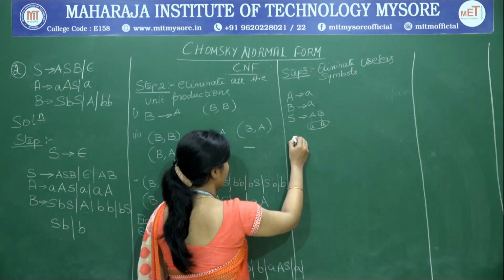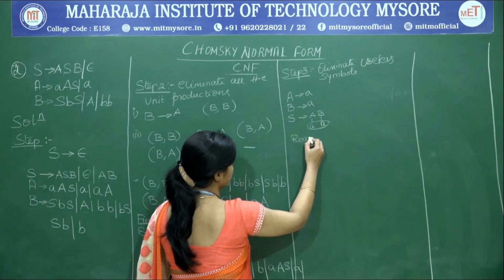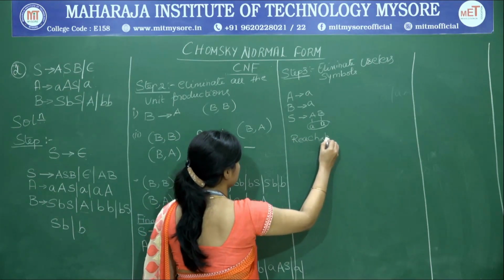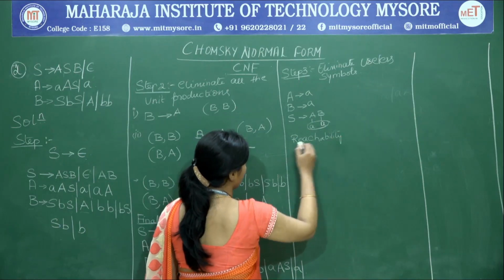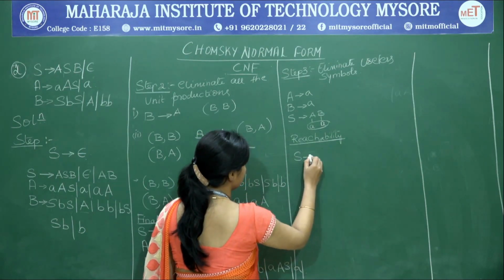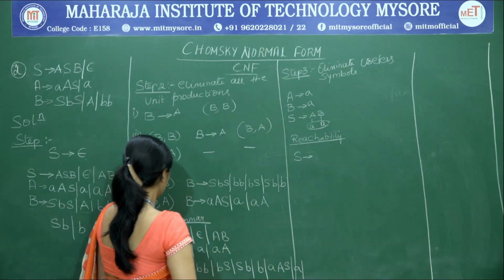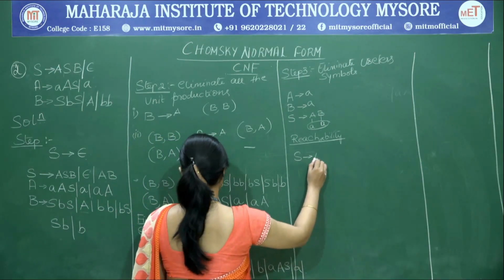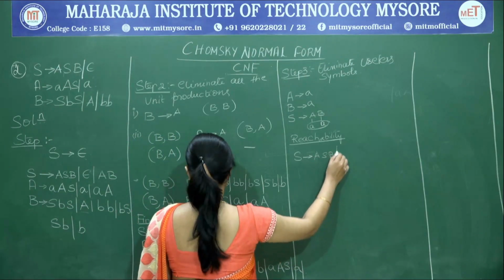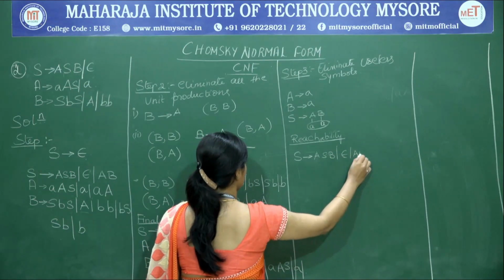Next we do the reachability. So for reachability, we will consider the start symbol and its production. So S goes to ASB, epsilon, AB.